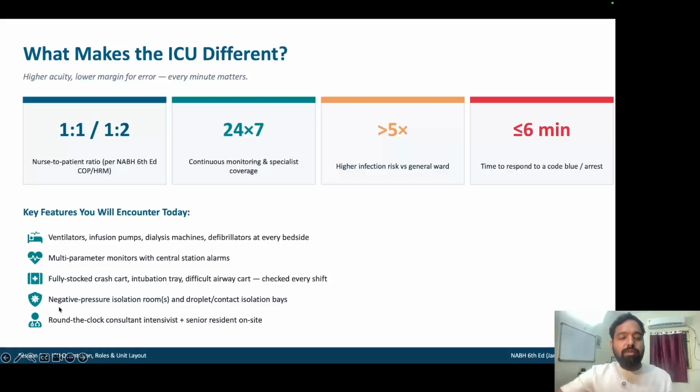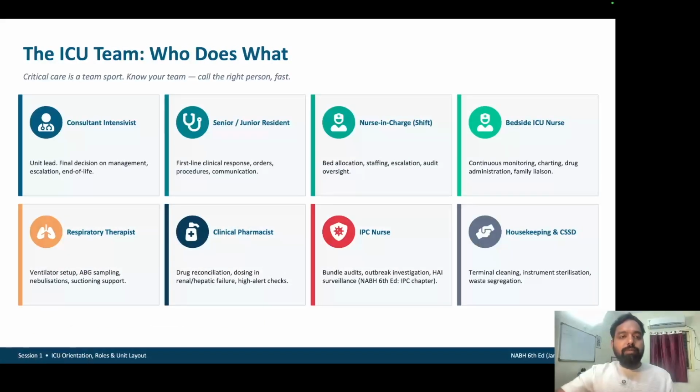And there will be negative pressure isolation rooms allotted to appropriate patients based on their clinical indications. There are different types of isolation: one is droplet isolation, another is contact isolation. And there is round the clock consultant intensivist availability along with senior residents on site to provide patient care.